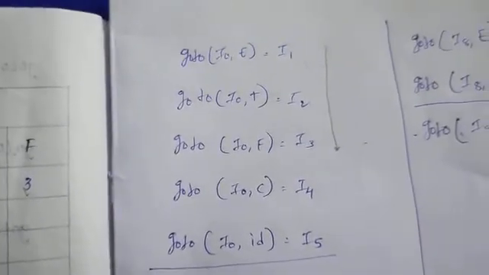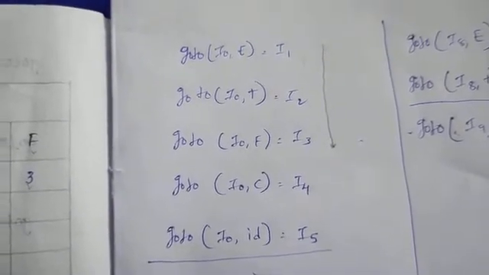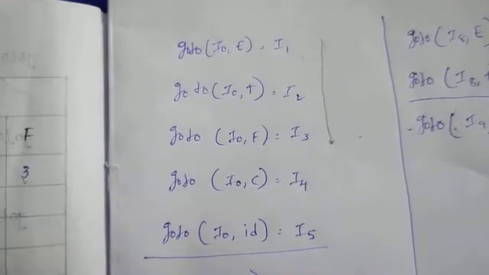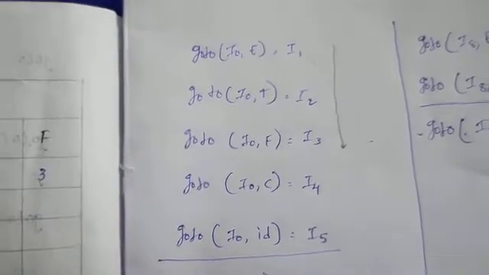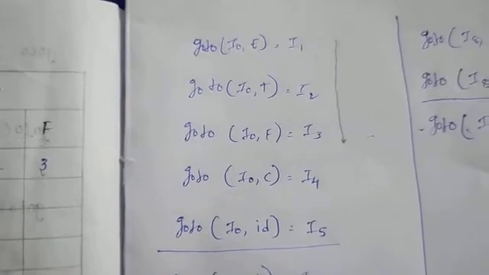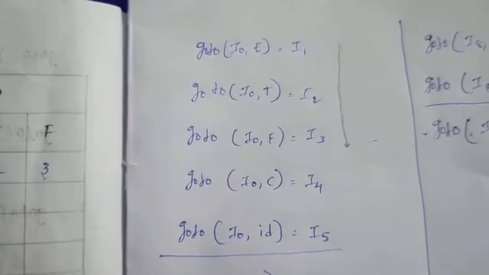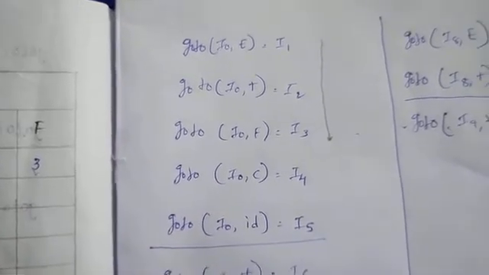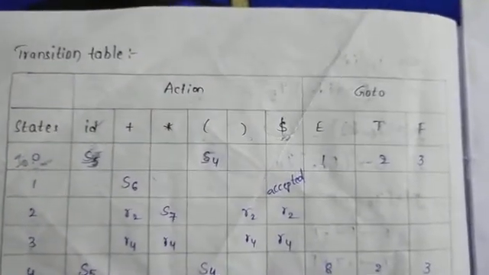Like that the first row will be completed with the help of goto from state 0. From state 0, on which element the dot moves gives a new state, and based on these the first row of your parsing table is completed.